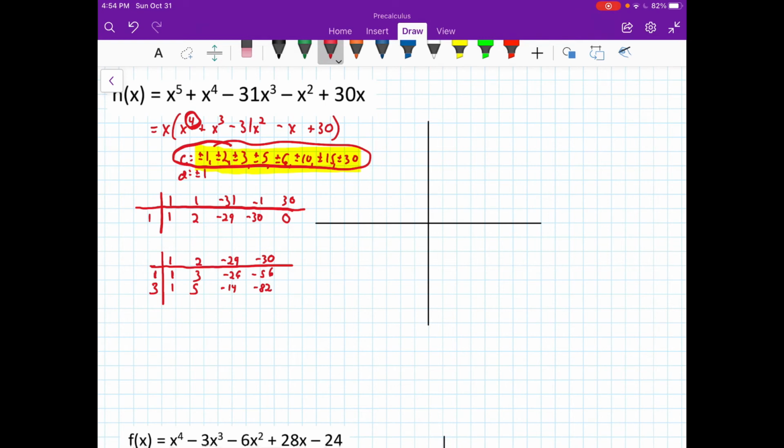It is negative 82, so we're even further away. Also remember that these are actually going to be points on the graph. So this is helping us, at least for graphing it later. They're not useless points. Let's try 5.